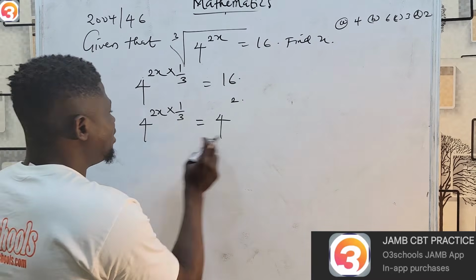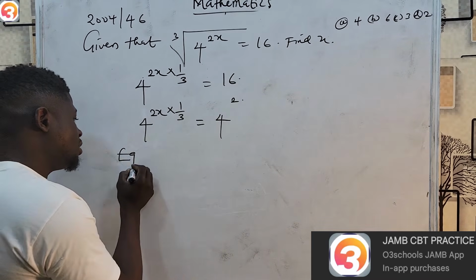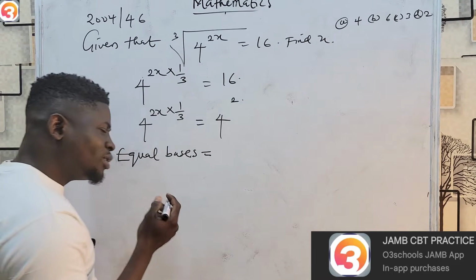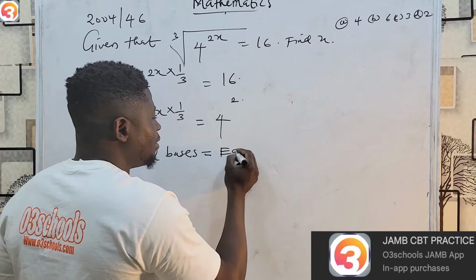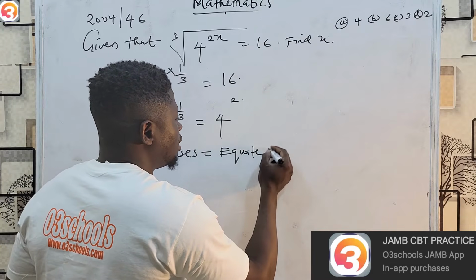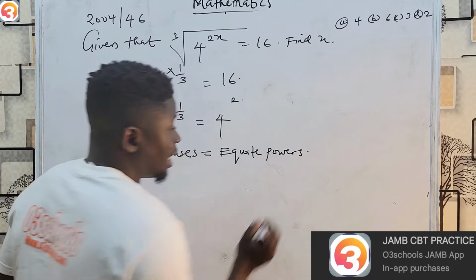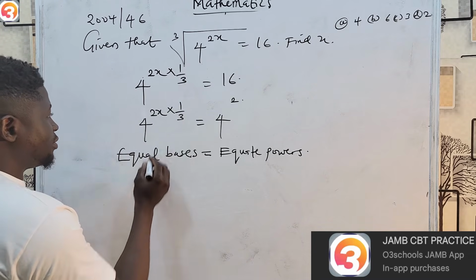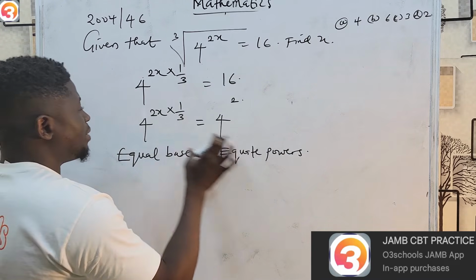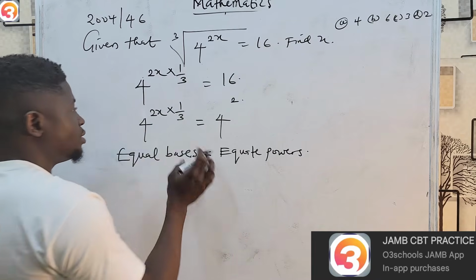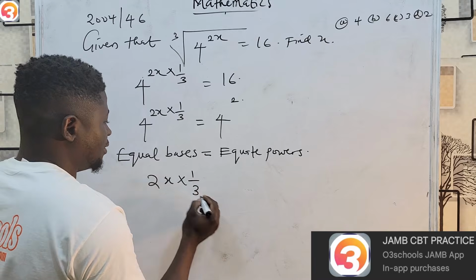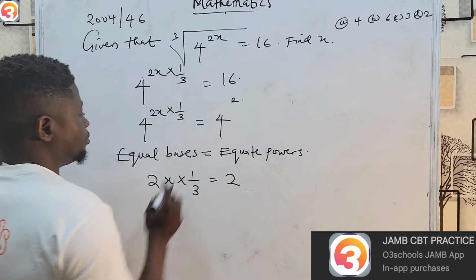Because they have equal bases, equal bases give us the right to equate the powers. Are you together? Because they are equal bases, we equate the powers and cancel out the bases. So I'm going to have 2x times 1 over 3 is equal to 2.